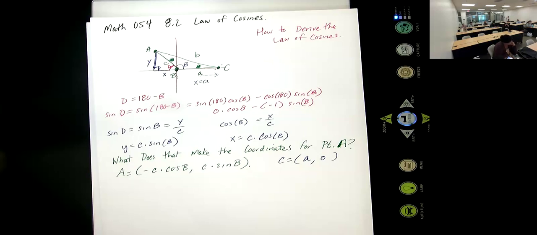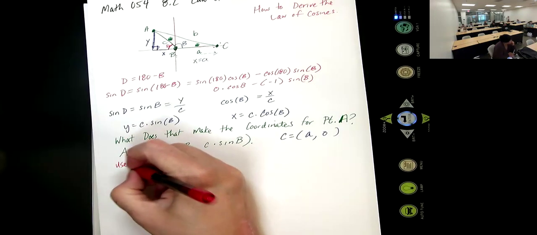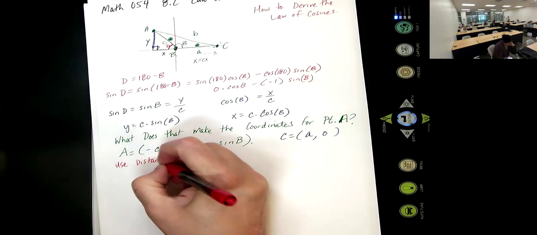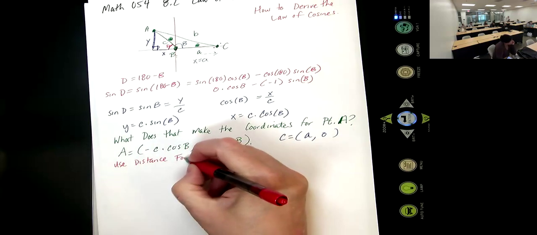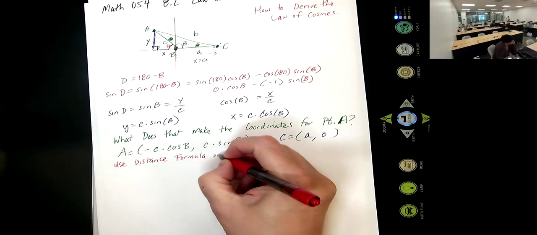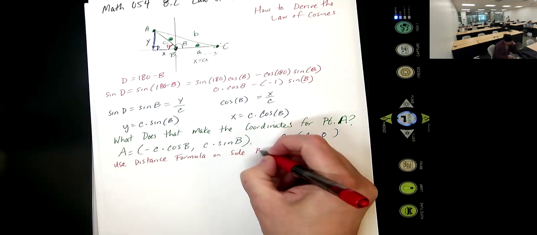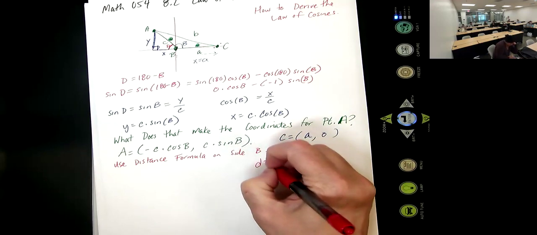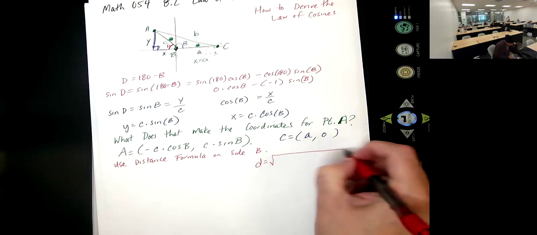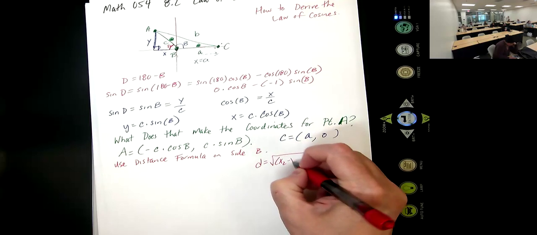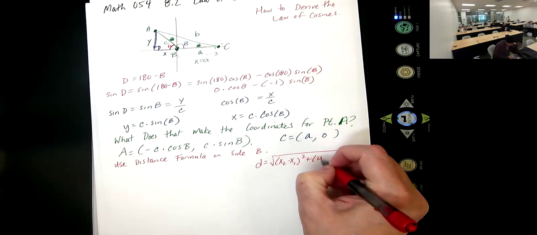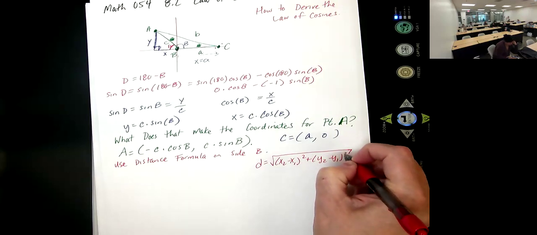So if I wanna find side B, I can use the distance formula on side B. If you've forgotten it, D is the square root of x2 minus x1 squared plus y2 minus y1 squared.